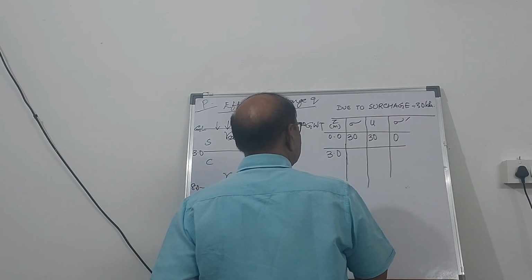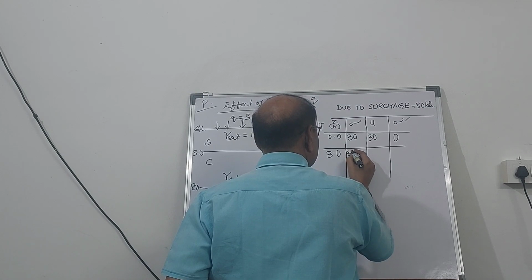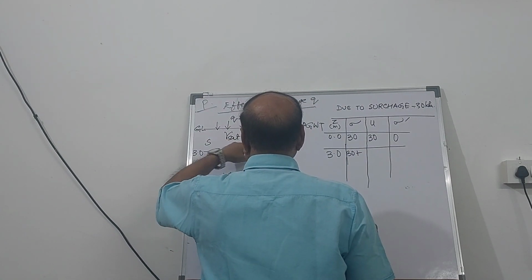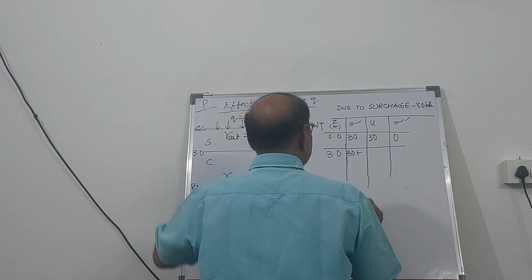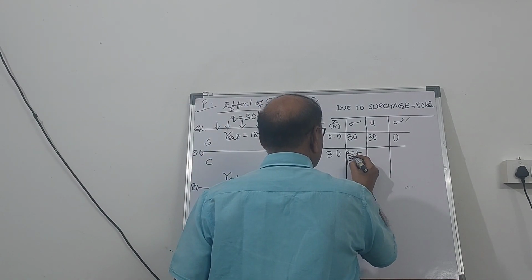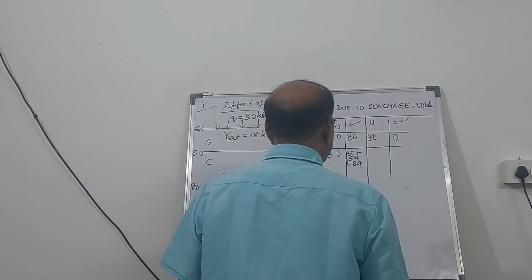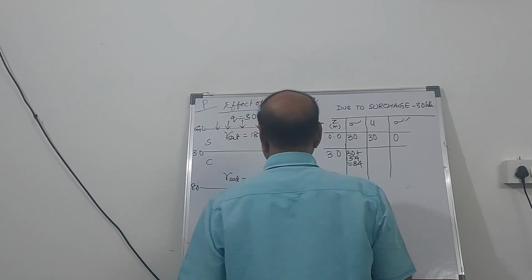Now come to the level of 3 meter. At 3 meter, your total pressure is 30, surcharge, plus 18 multiplied by 3, that is 54. So it becomes 84 kilopascal.